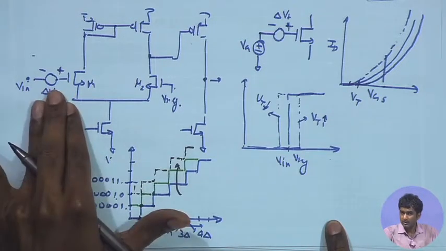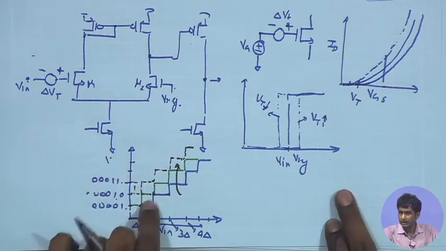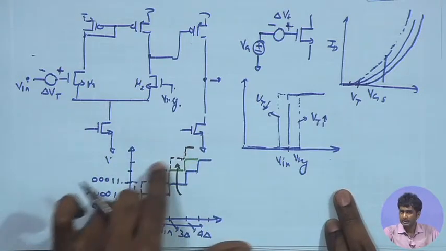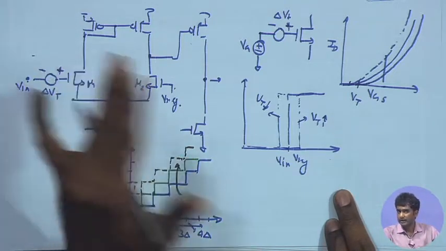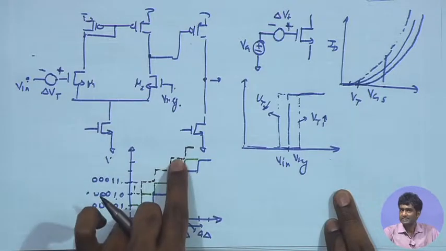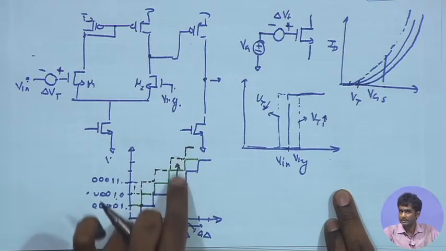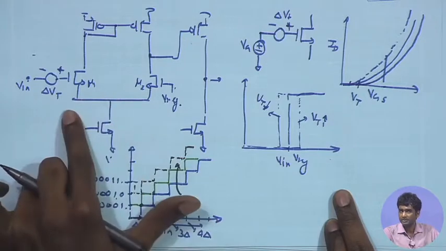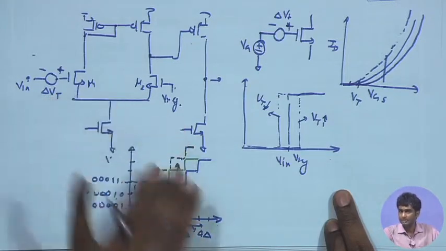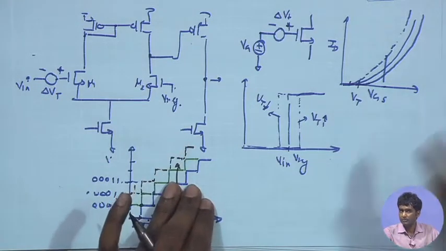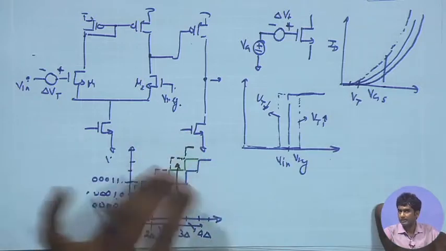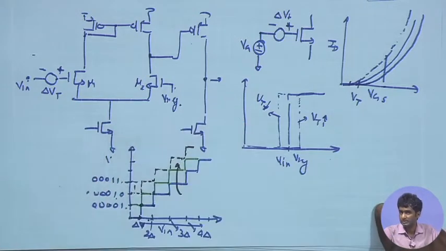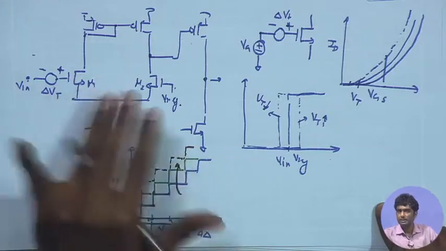If it is a static offset which is constant in time, then we can basically read out the digital data, and we can calibrate it, and we can find out by testing that okay, this is the offset this amplifier is having or this comparator is having, this is the delta Vt this MOSFET is having, and based on that I can go back in the digital domain and subtract those lower 2 bits values or add those lower 2 bits value to get the correct digital value. That is possible, but in general it can keep shifting over time.